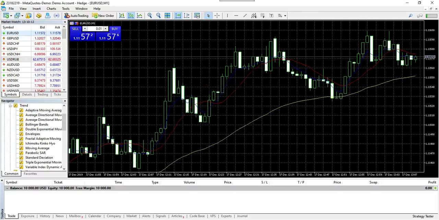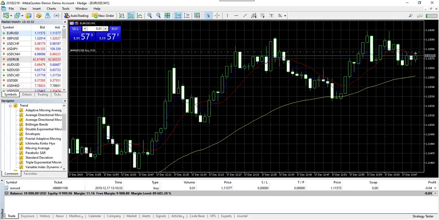The market is fluctuating, it's not steady. Let's say we want to place a buy.